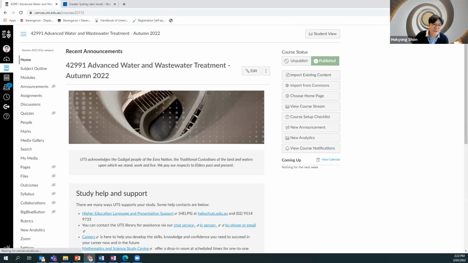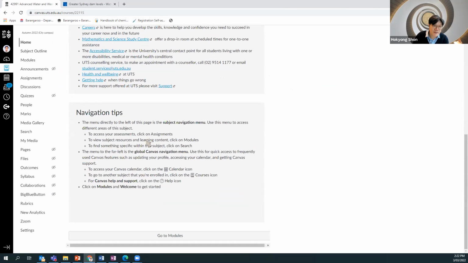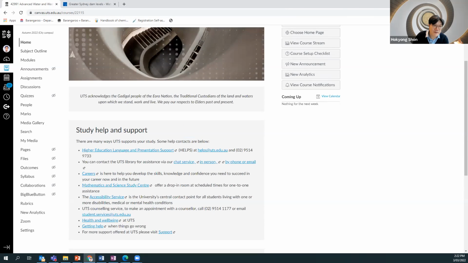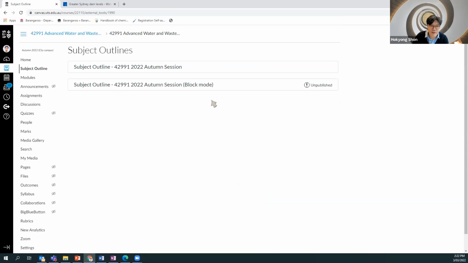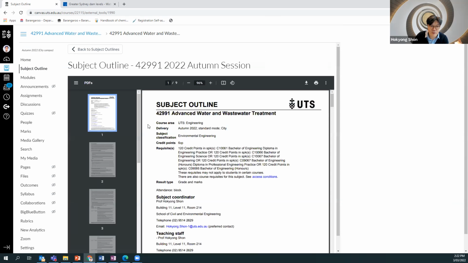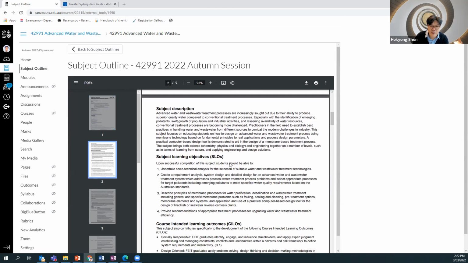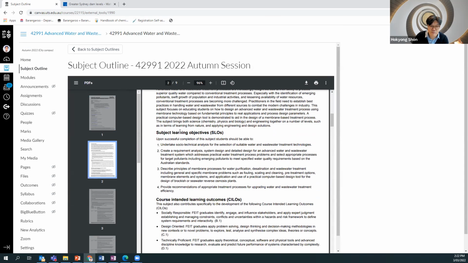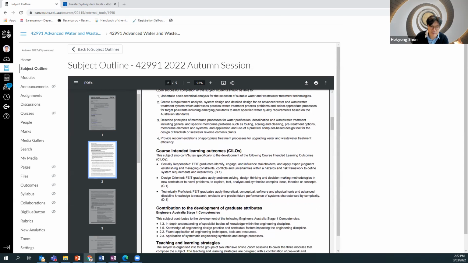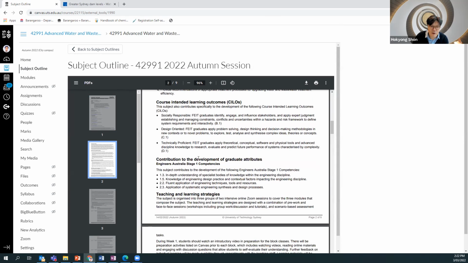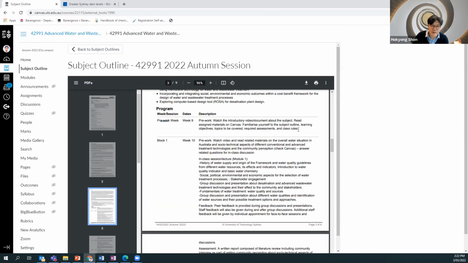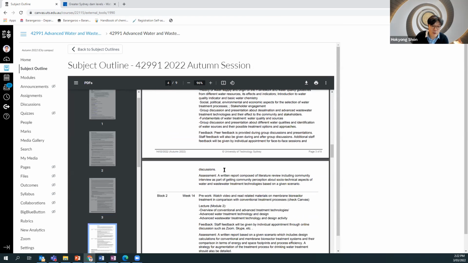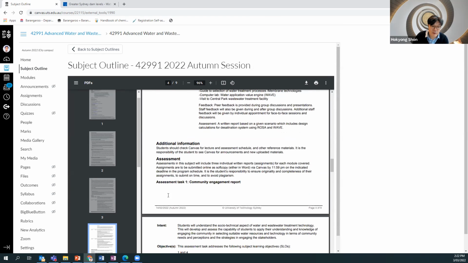So this is the 42991 Canvas, and you can see from the beginning this very general information and the subject outline. Everybody must read the subject outline: your assessment, subject learning objectives, course intended learning outcomes, the contribution to graduate attributes, and what you will learn in block 1, block 2 and block 3.